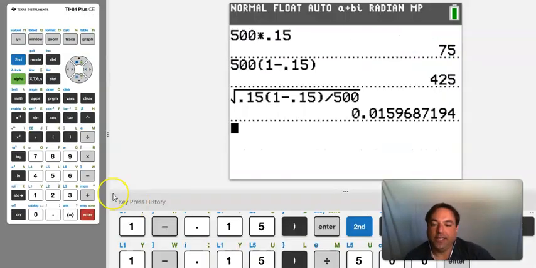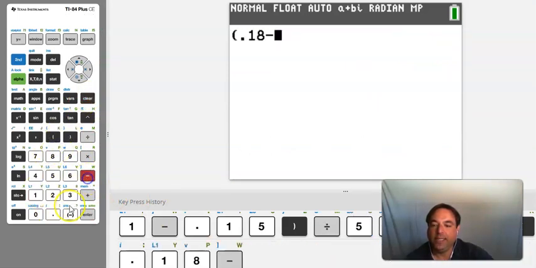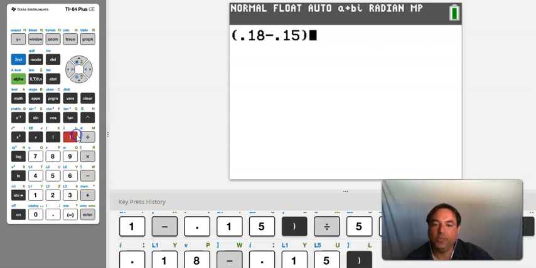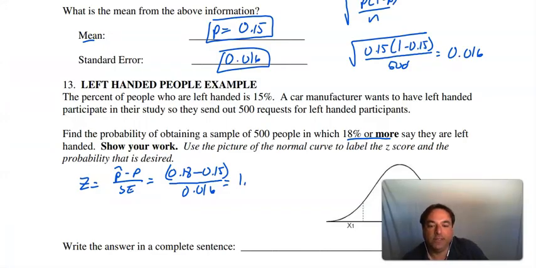So we put that in the calculator. That would be parenthesis 0.18 minus 0.15, close parenthesis, divided by 0.016. And that gives us a z-score of, and z-scores we make 2 decimal places for the table, 1.88.